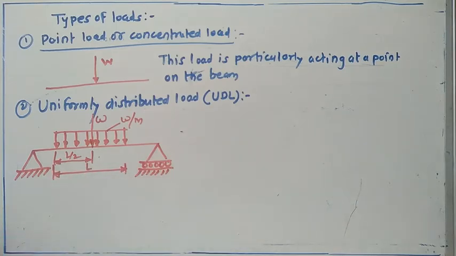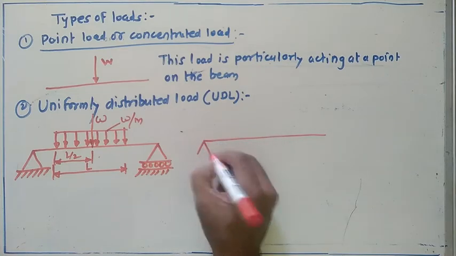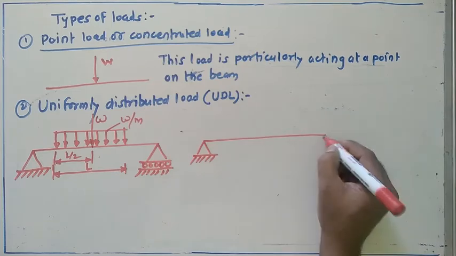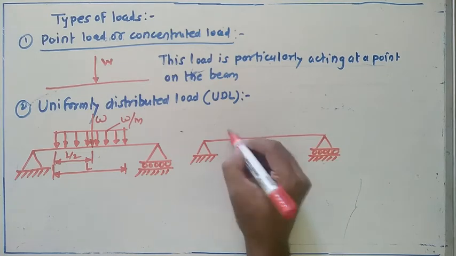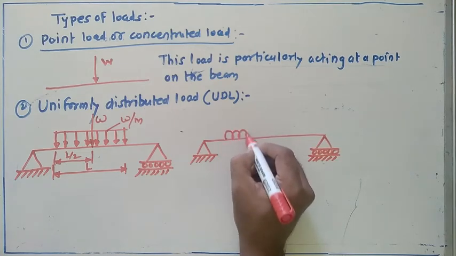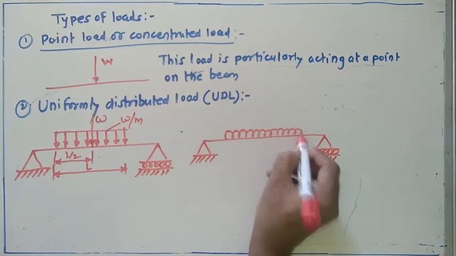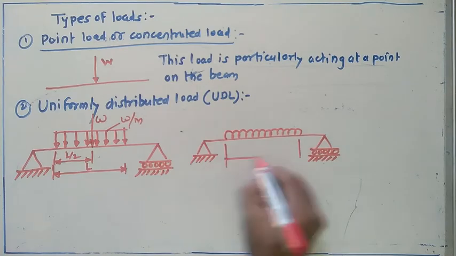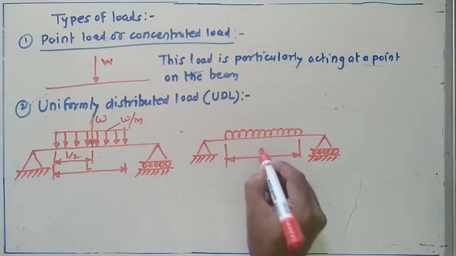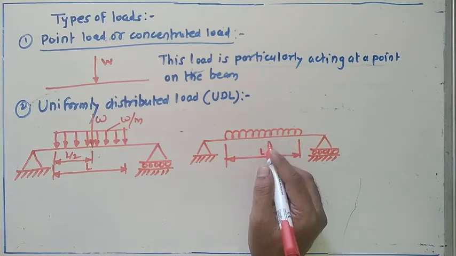Another way, the same thing from here would be with us. Okay. Uniformly distributed load on the beam, but the particular length over which that load acts can be replaced with an effective load.